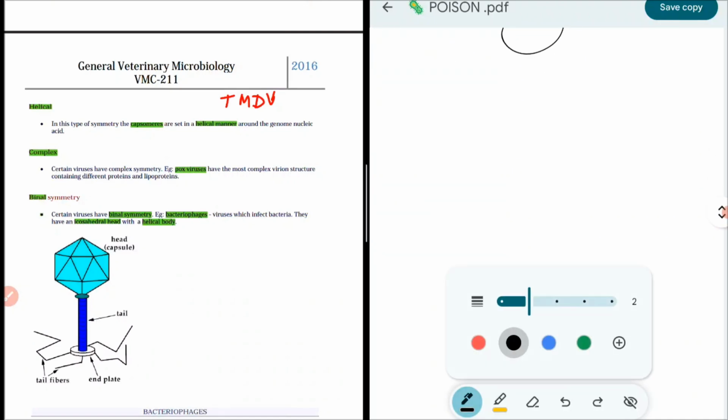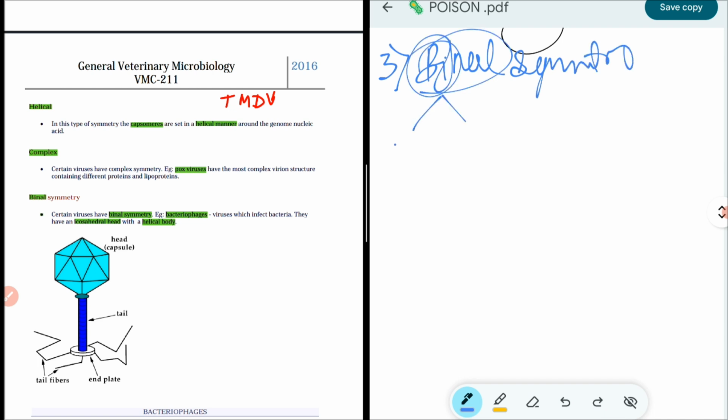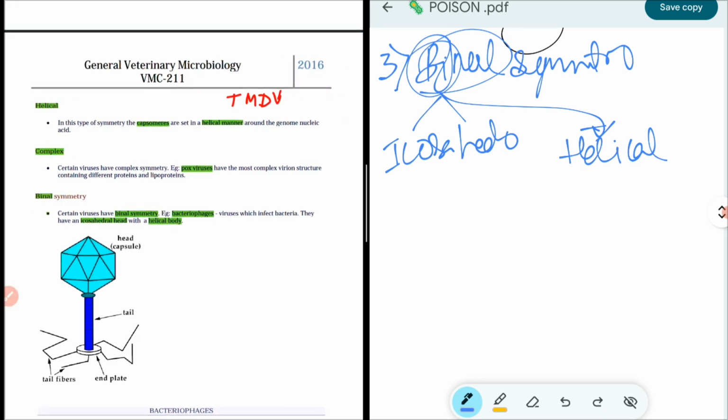The third one is binal symmetry. As the word by itself indicates, it is the combination of icosahedral and helical. The example in this binal symmetry is bacteriophages. Bacteriophages are nothing but the viruses which infect bacteria.